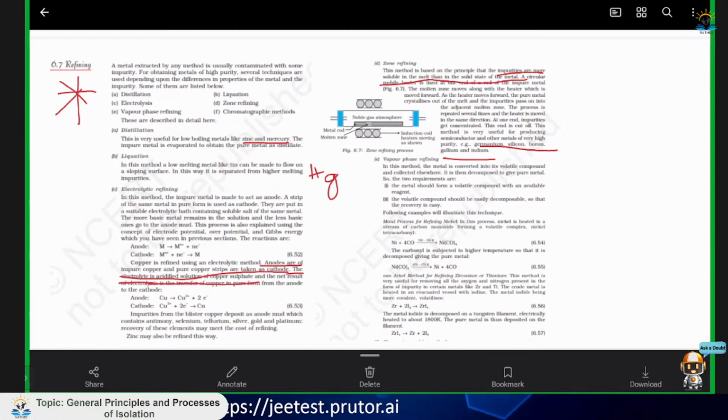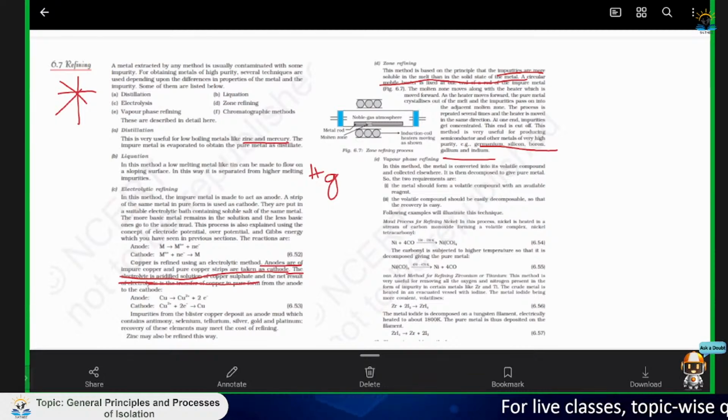Vapor phase refining is used when some derivative of the metal has a very low sublimation point. In the Mond process for refining nickel, the metal should form a volatile compound with an available reagent.